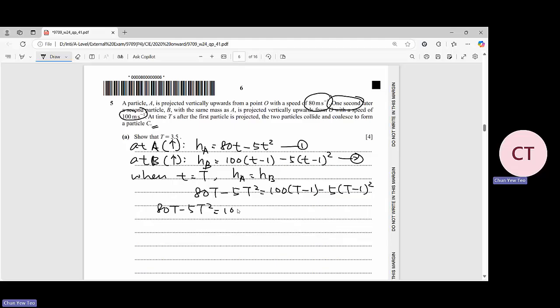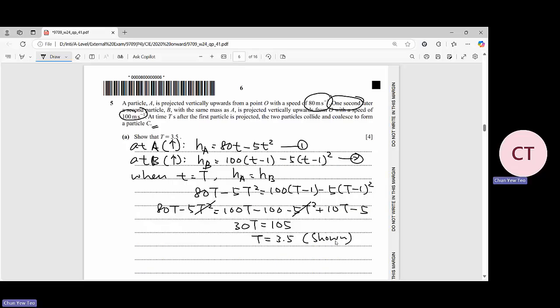You have 100t minus 100 minus 5t squared plus 10t minus 5. So this one cancels off. So simplify everything. You will get 30t is equal to 105. Then t is equal to 3.5, shown.